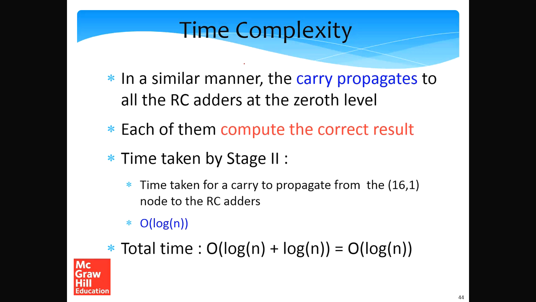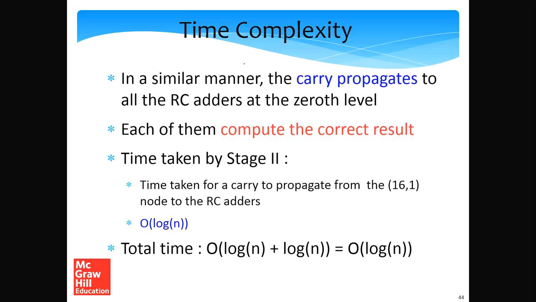And then let's move to 44 slide. So in this slide, let's take a look at the time complexity. So the time complexity is the time taken for a carry to propagate from one node to all the other nodes. And since we go down one level in each time unit, it has order of log n steps.